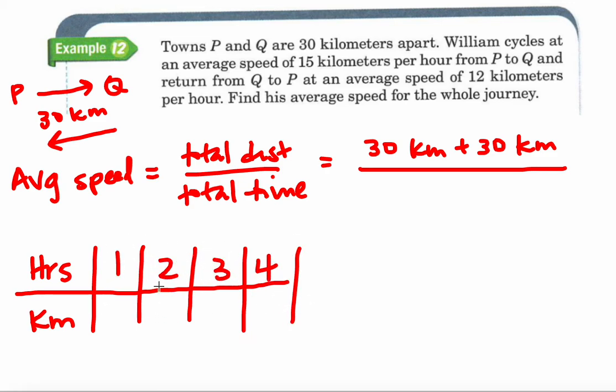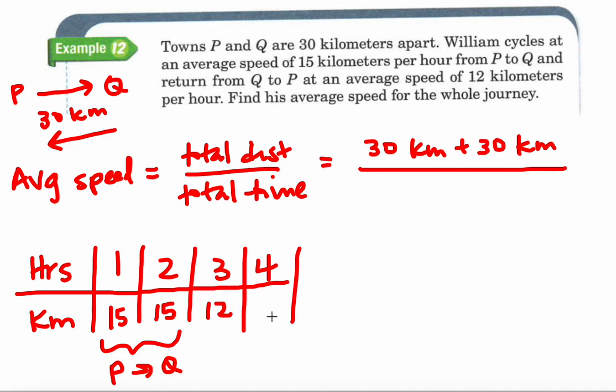Go up to 4 for now. Let's see, 15 kilometers per hour. So 15 after the first hour, and then 15 after the second hour. 15 plus 15 is 30. So he already made it after 2 hours. Okay. That's from P to Q. 15 plus 15, the 30 kilometers. Took him 2 hours.